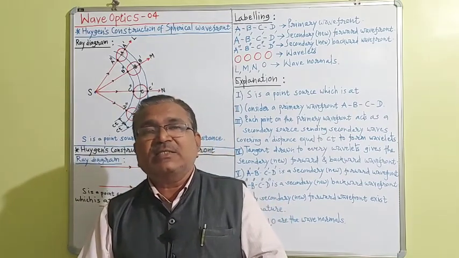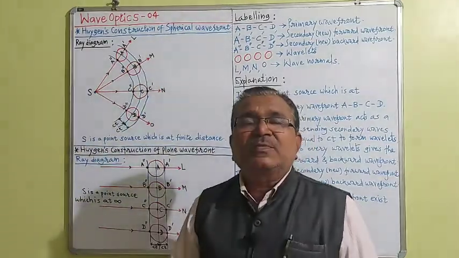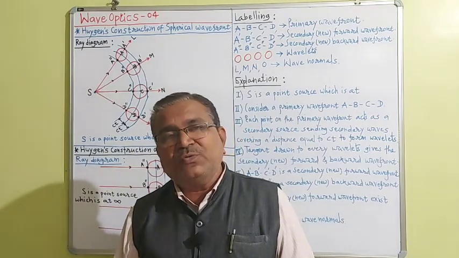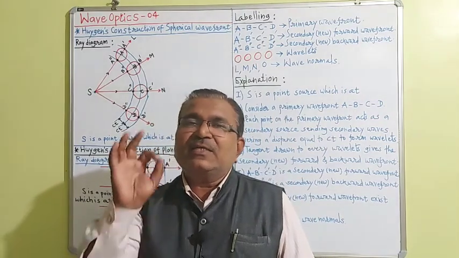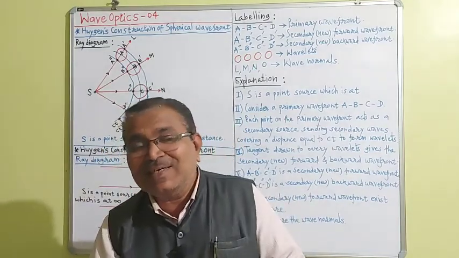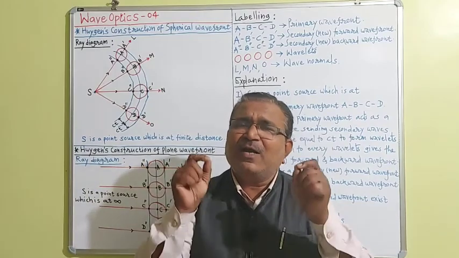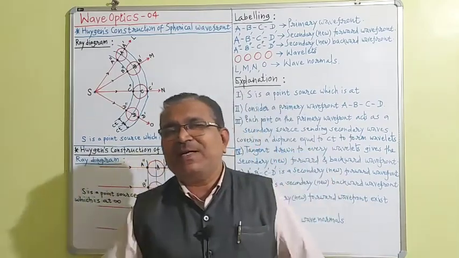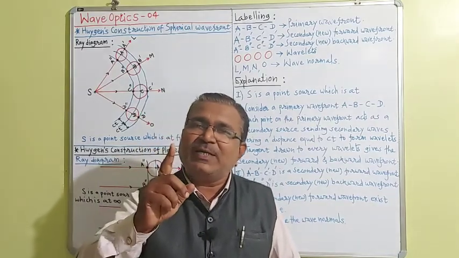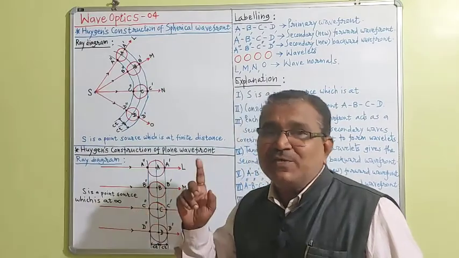And in this video, wave optics number 4, I am interested to discuss with you two articles: Huygens construction of spherical wavefront and Huygens construction of plane wavefront. I have used a very simple trick here: I have written only one explanation for two diagrams, a 2-in-1 phenomenon.